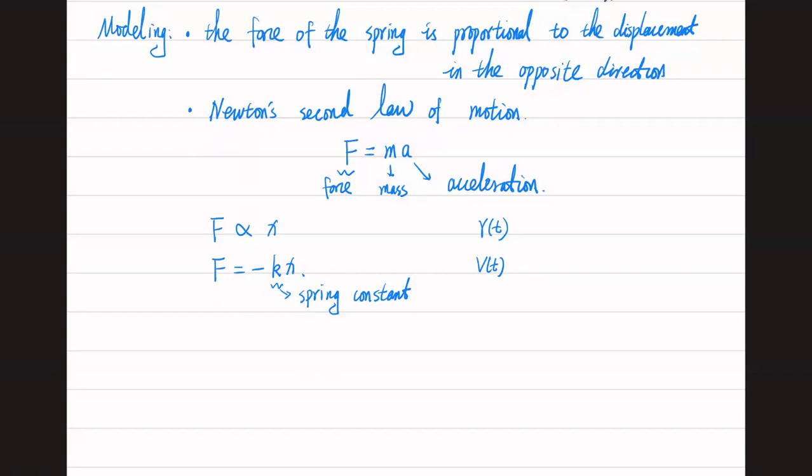Can you hear us? Yeah, I can. Okay, so if this is the position at time t, how do you find the velocity at time t? We take the derivative.